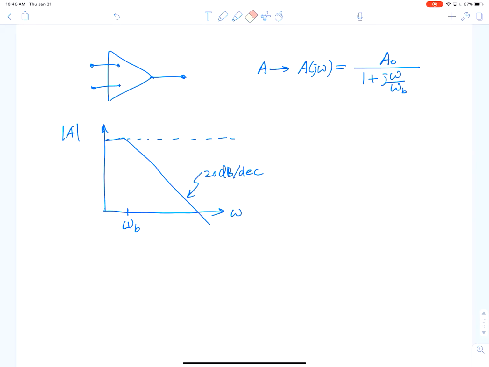This is basically what we tell you at this stage, at the level that you can understand.